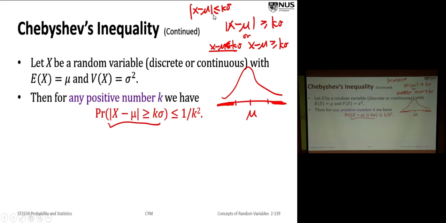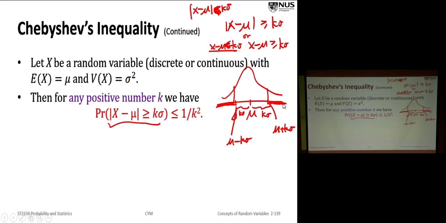This part is k sigma, this part is also k sigma, but this value is mu minus k sigma and this value is mu plus k sigma. So x falls between mu minus k sigma and mu plus k sigma. We want to find the bound for this probability, or for outside it, which is 1 minus it.